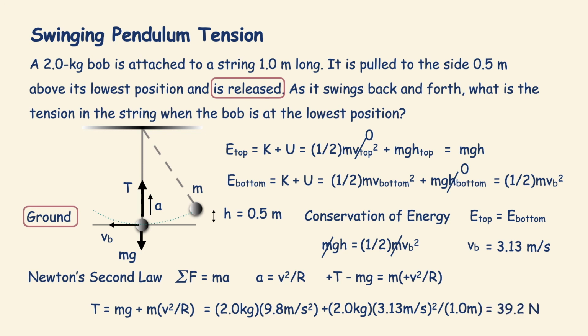That gives us the value for the tension in the string when the bob is at the lowest position to be 39.2 newtons. Please remember this result is correct only for the lowest position. At any other position, the tension in the string will be different.